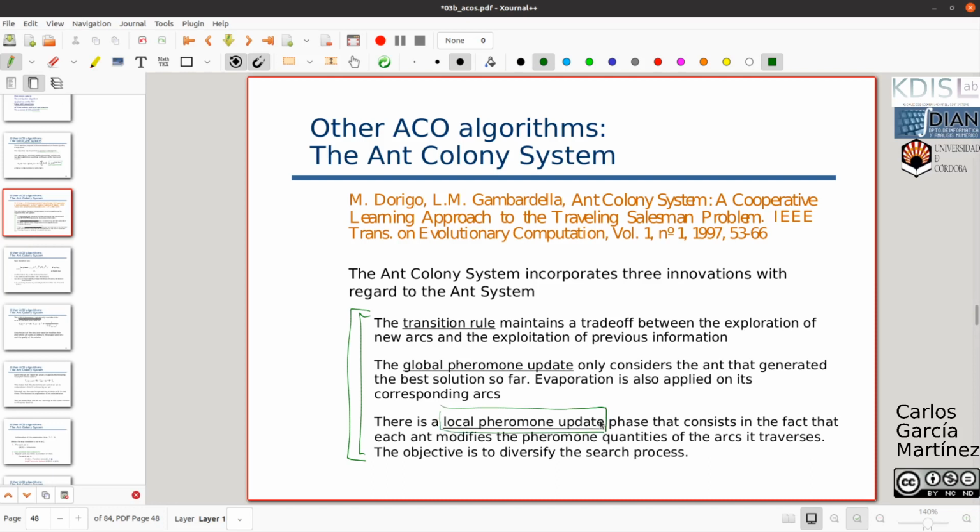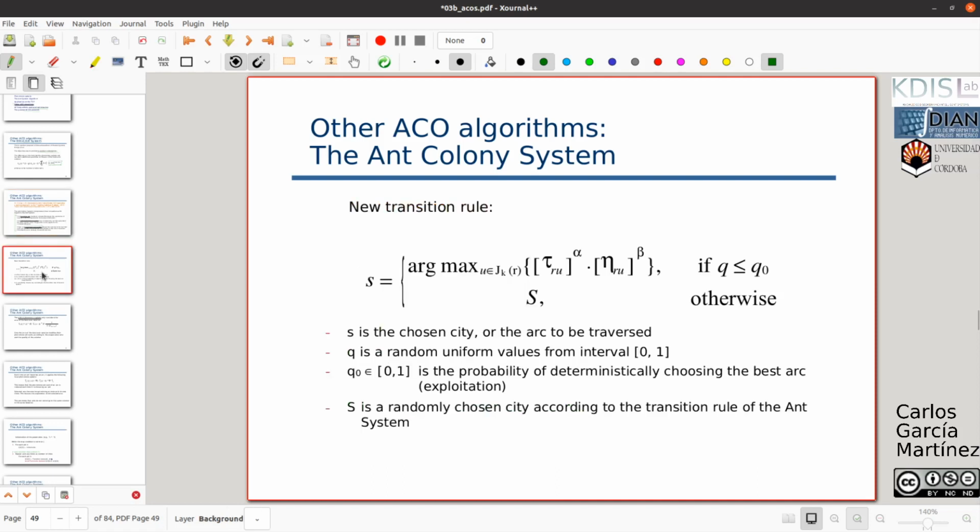For the first one, the transition rule, the idea is that the ants are a bit more intensifying, because instead of probabilistically selecting one of the possibilities, according to a parameter, which is this one, they select the best option.